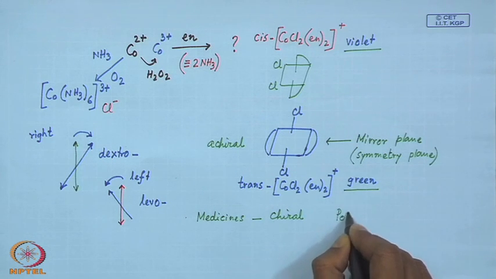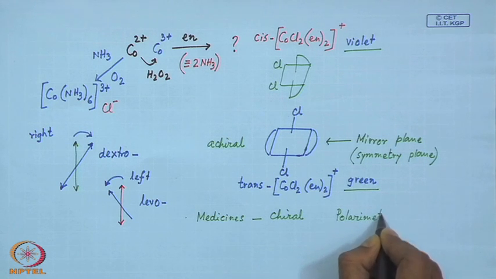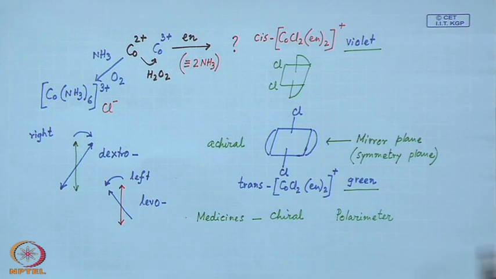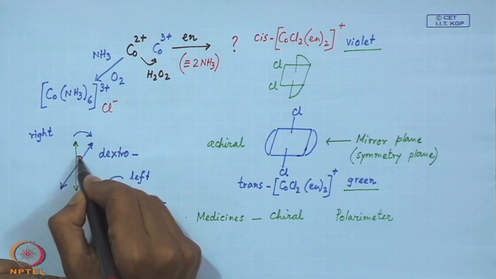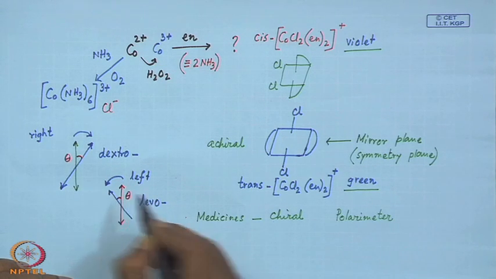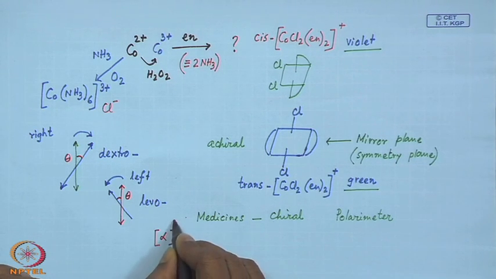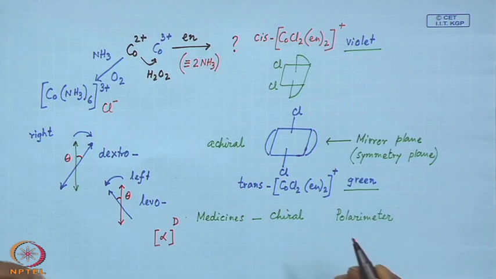The instrument used for these measurements is the polarimeter, which finds how much movement is taking place, that means the theta angle for each, which can also be represented as the optical rotation with respect to the sodium D line, as the alpha D values.